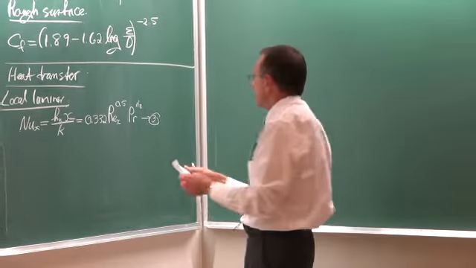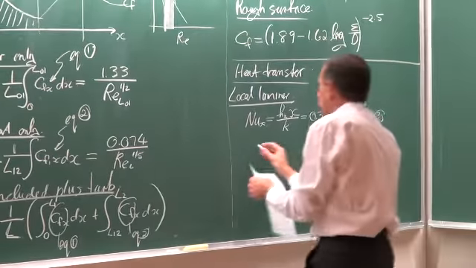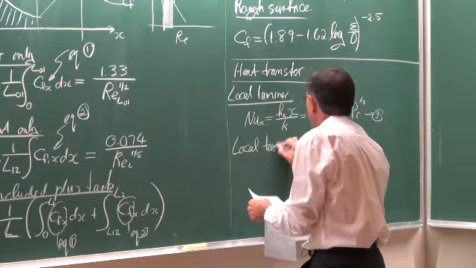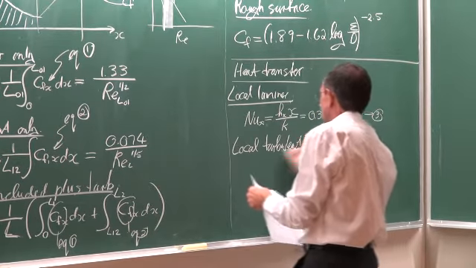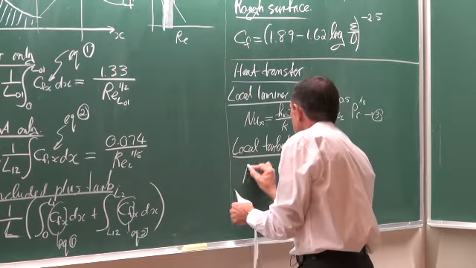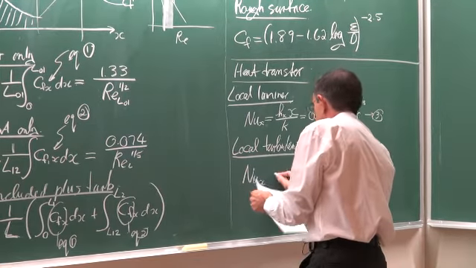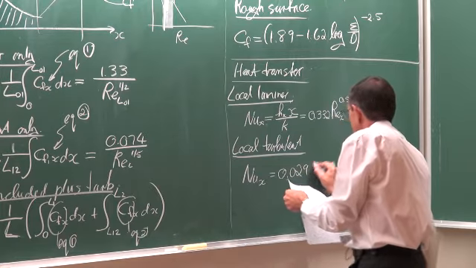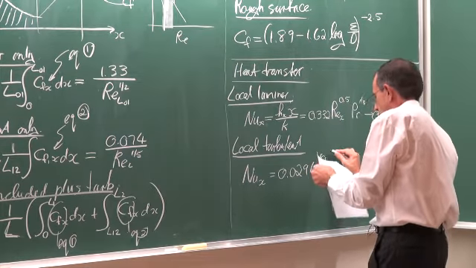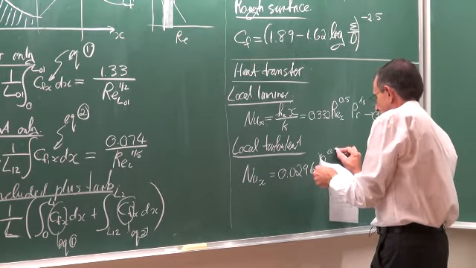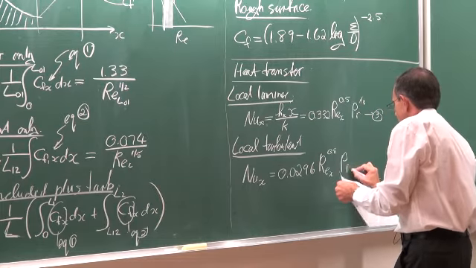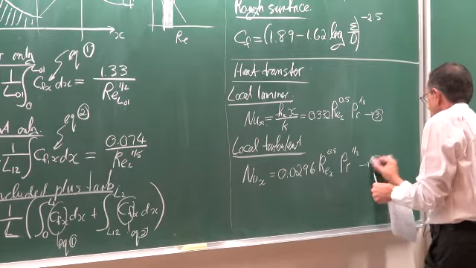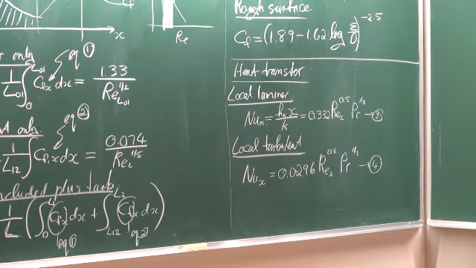Okay. Then for turbulent flow, local and turbulent, the local Nusselt number would be equal to 0.0296 multiplied by Reynolds x to the 0.8, Prandtl to the third, equation 4.